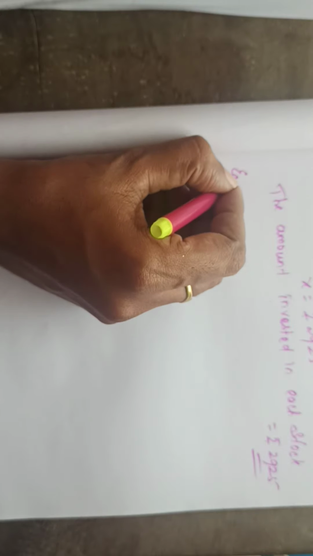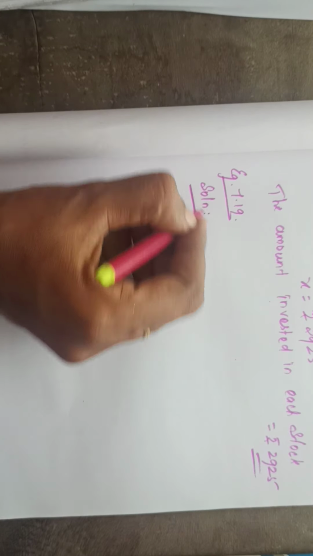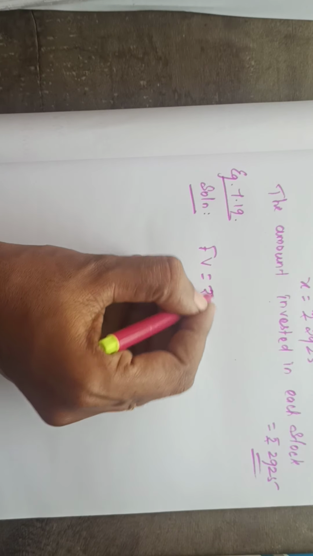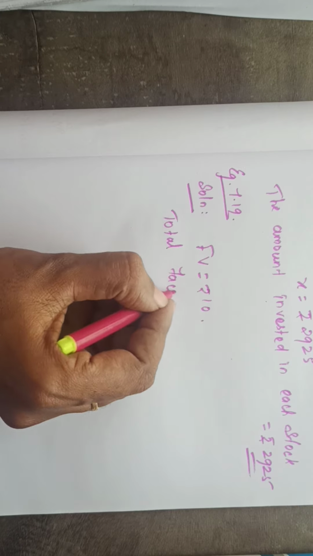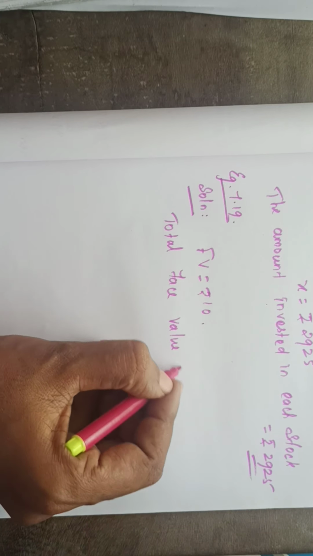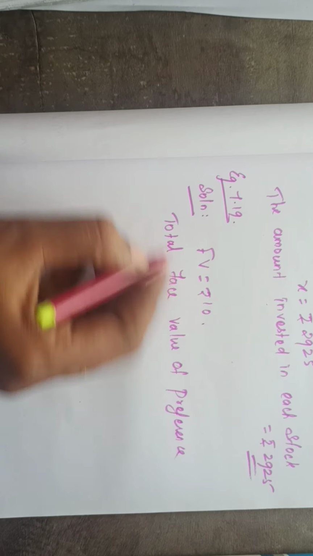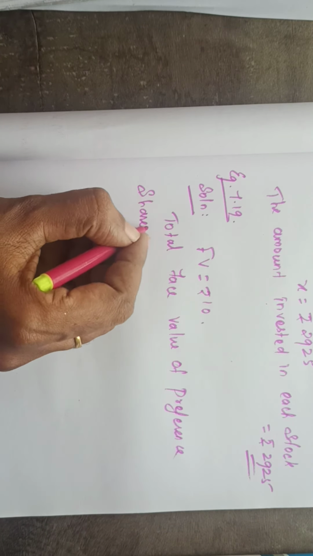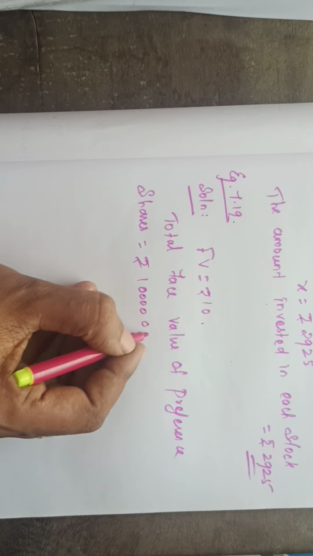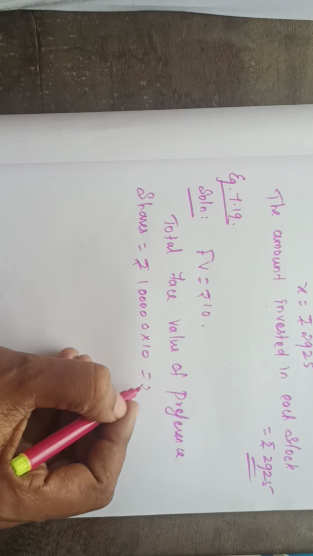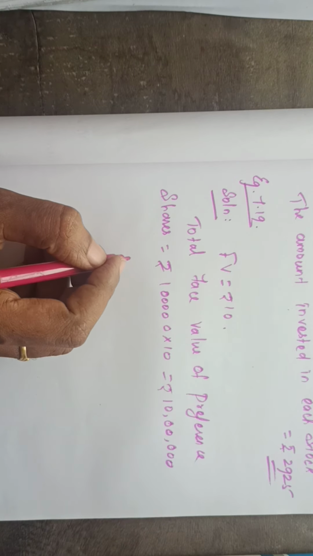So example 7.19 solution. The face value is given, that is face value is equal to rupees 10. So total face value of preference shares is equal to rupees 1 lakh into 10. Okay, then now what will you do?